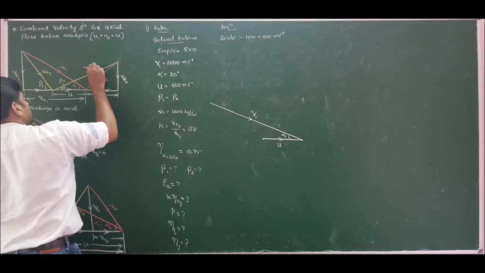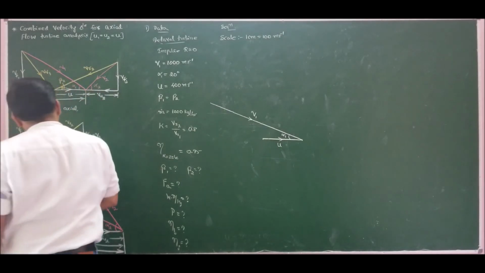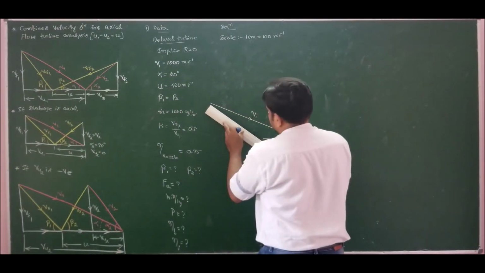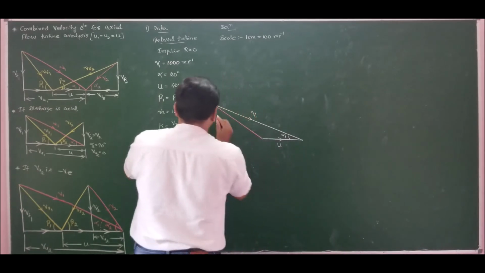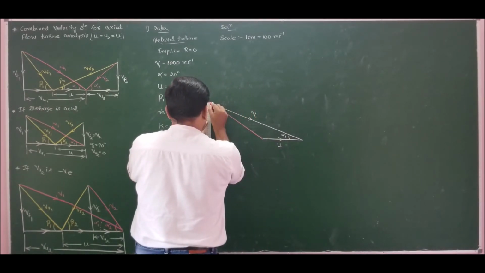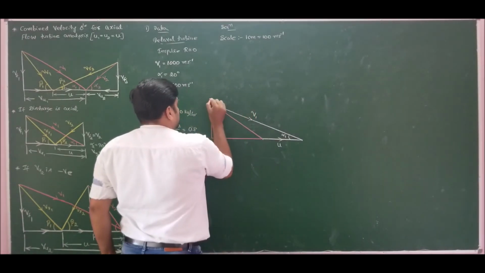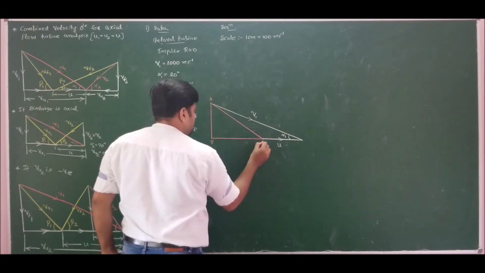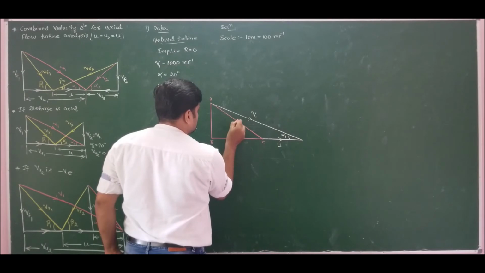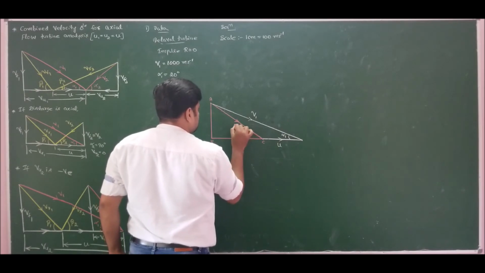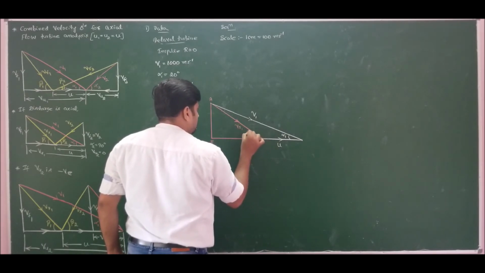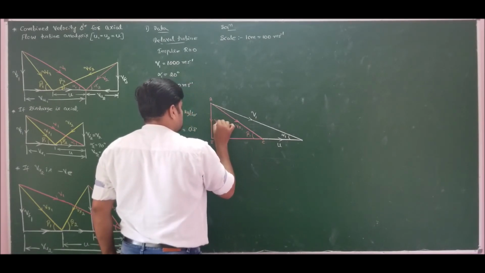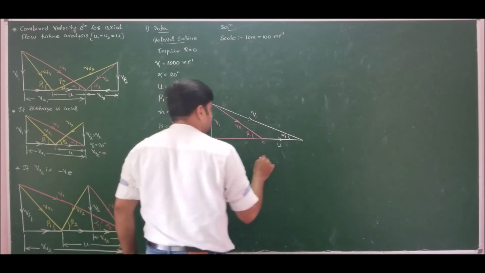Let me mark the points as A, B and C. This is vr1, this is beta 1, this is vf1.